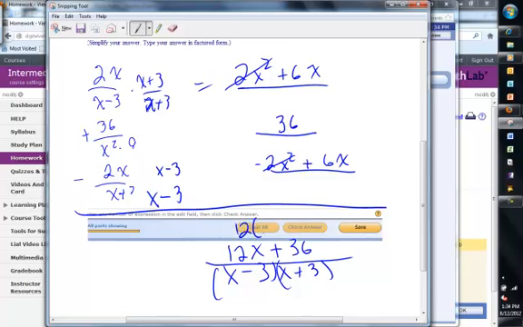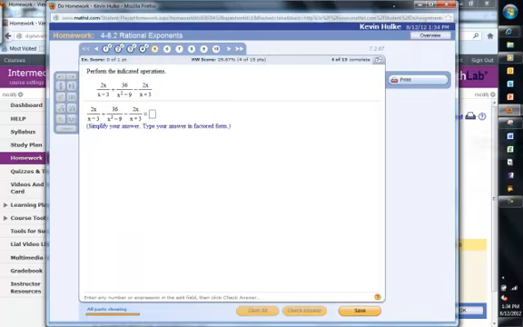Factor out the 12 and you're left with x plus 3. The x plus 3's cancel. And so we're left with 12 over x minus 3. So our answer is the fraction 12 over x minus 3.